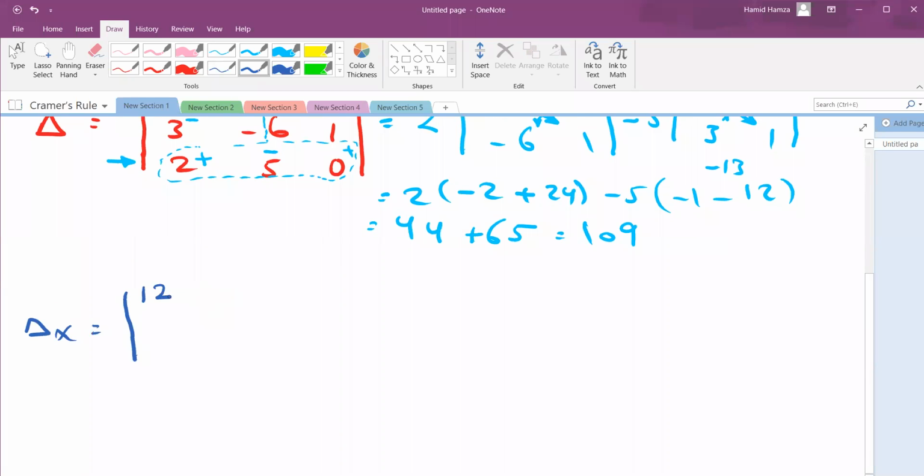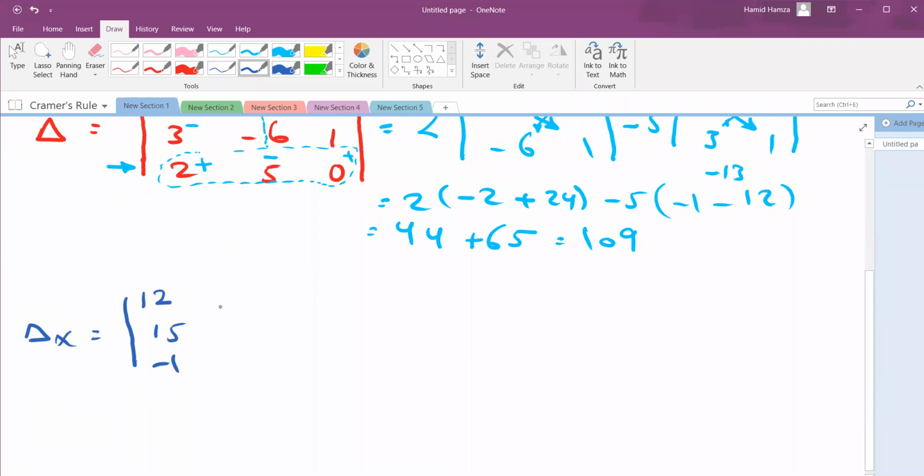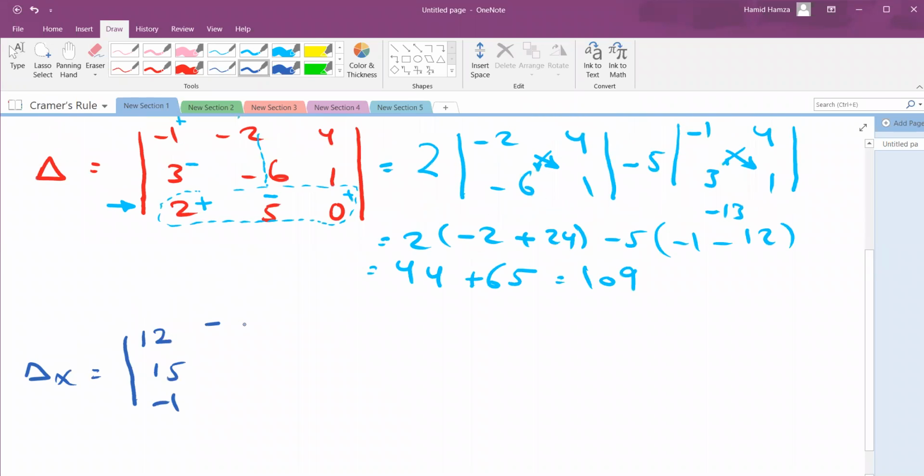So it will be 12, 15, and negative 1, and keep the rest: negative 2, 4, negative 6, 1, 5, and 0.